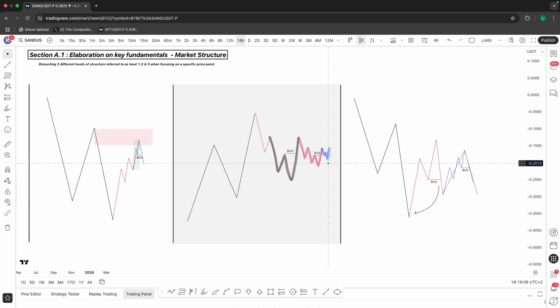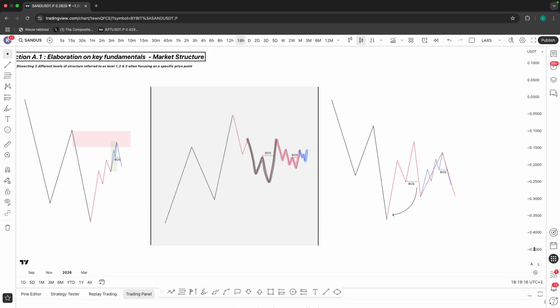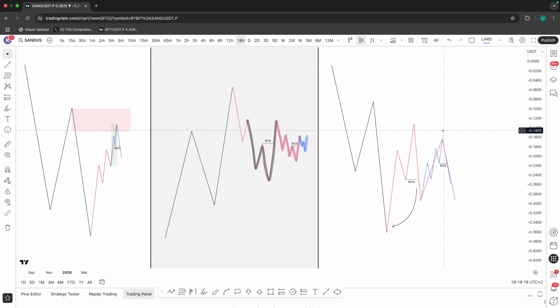It all depends on what you are focusing on and what is relevant to you at that specific point in time. For example, another one, looking at this on the right here, I can use this as context building. This is going to be my level 1, which is trending down, and therefore this is trending up, okay? Level 1 and level 2.